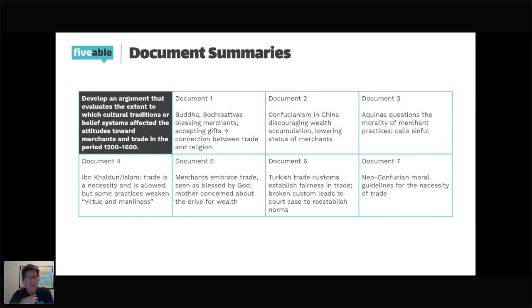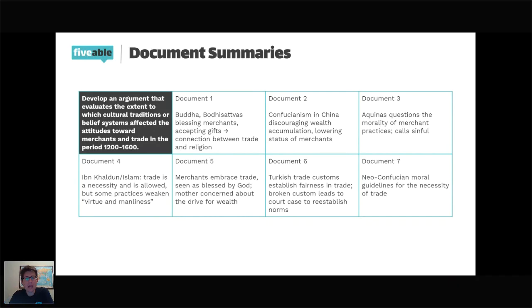Now, what I want to think about is my thesis statement, right? At this point, I have not crafted what the answer is going to be. So I want to think, what does this document say about how a belief system, in this case Buddhism, affected the attitudes toward merchants? And here we see a very accepting attitude, right?